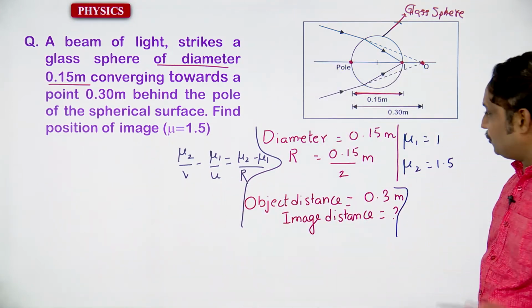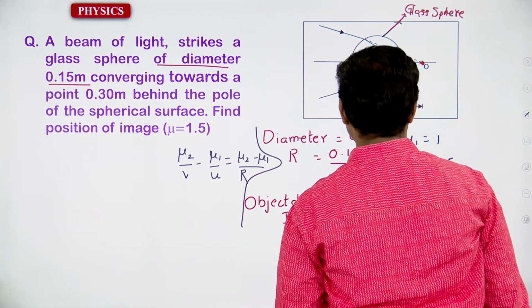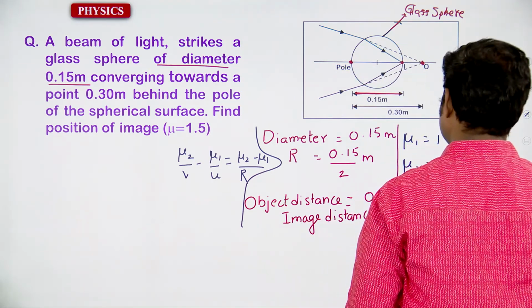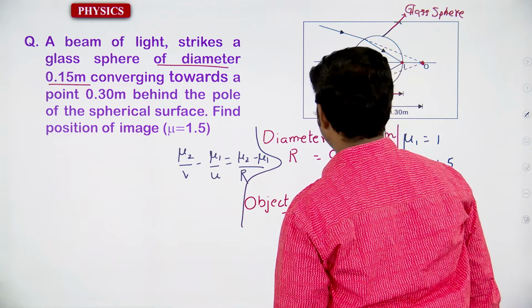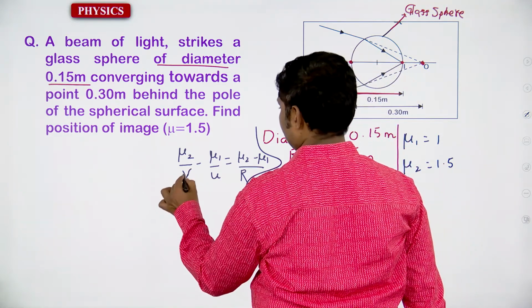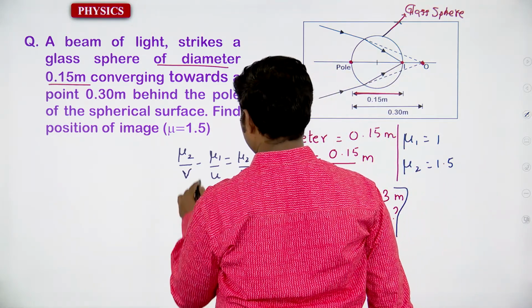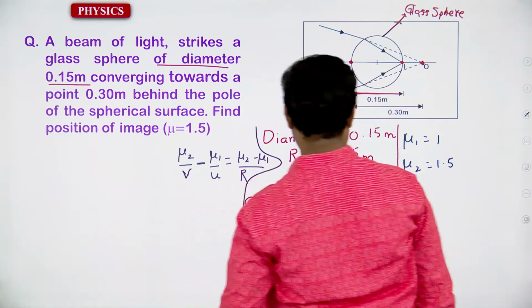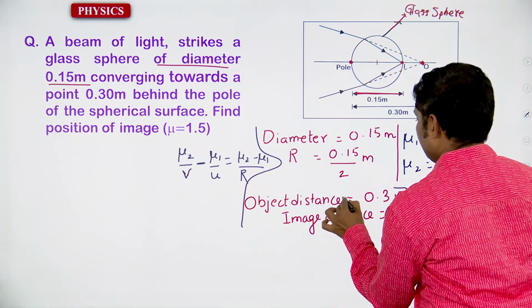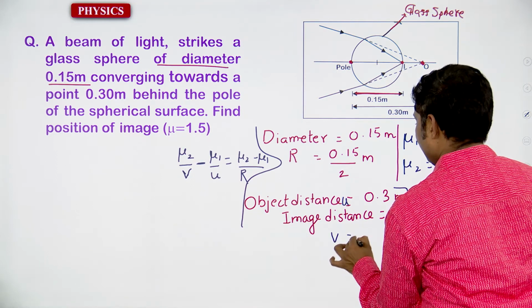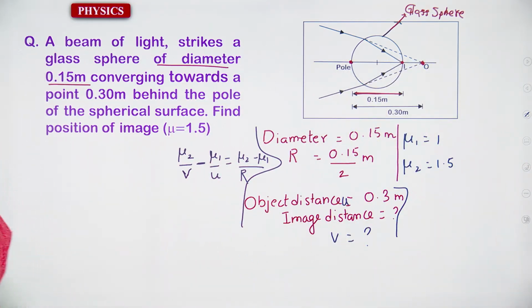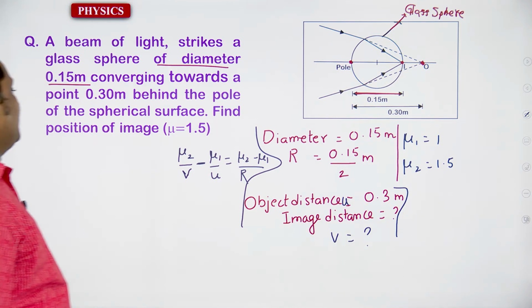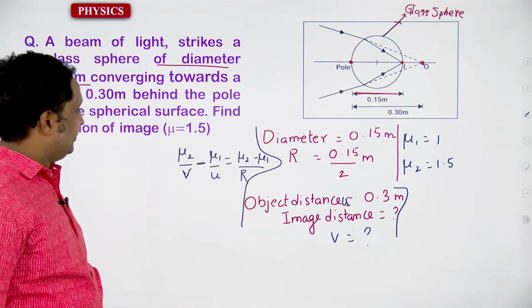We would like to substitute this. v is equal to question mark. Let's have a look at that, everyone has to identify that.